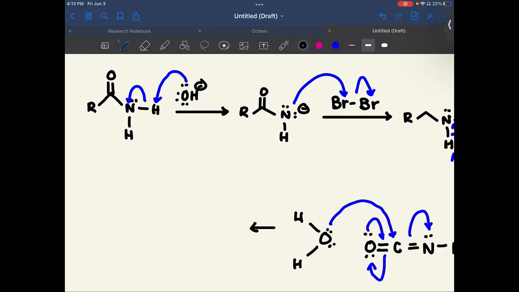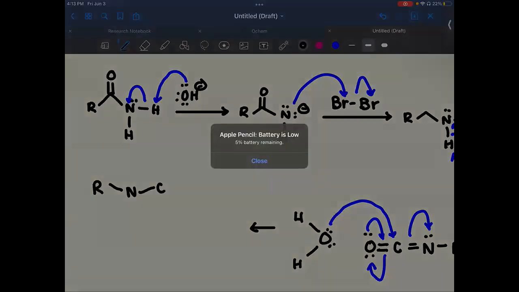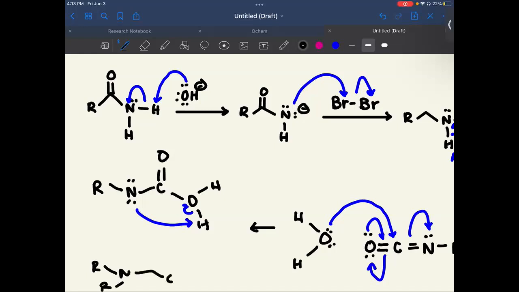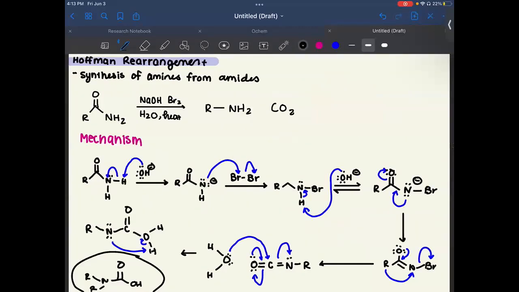And we're kind of running out of room here, so we'll end up getting, I'm going to go up here a little bit, N, C, O. Now the OH, sorry, the H2O is now connected. Now the nitrogen is going to attack the hydrogen, which is going to kick up there, giving us our final product of this. That's our final product for the Hofmann rearrangement.